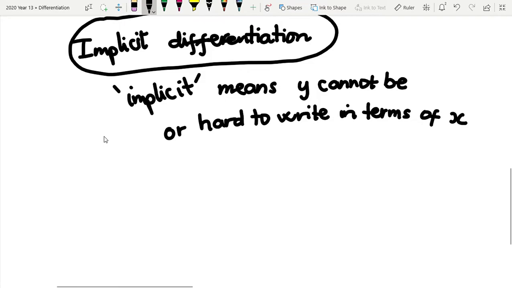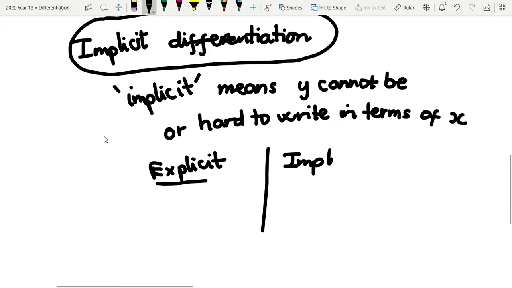Fairly simple. I'm going to do two columns here: explicit and implicit. So you see what's going on. Explicit means y is a function in terms of x, which is what we always do anyway.